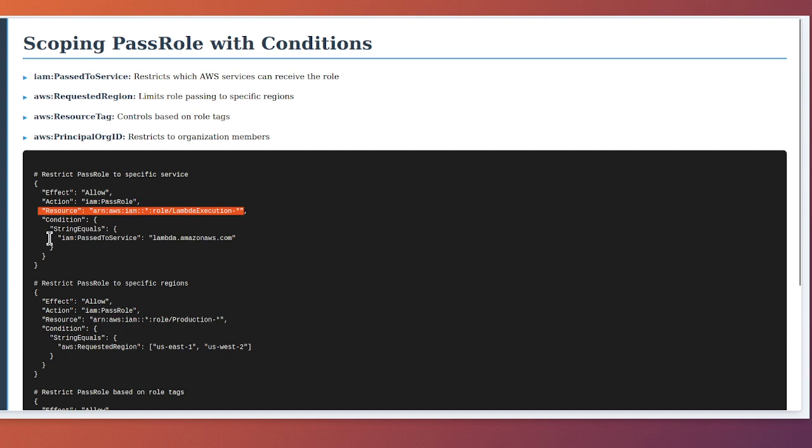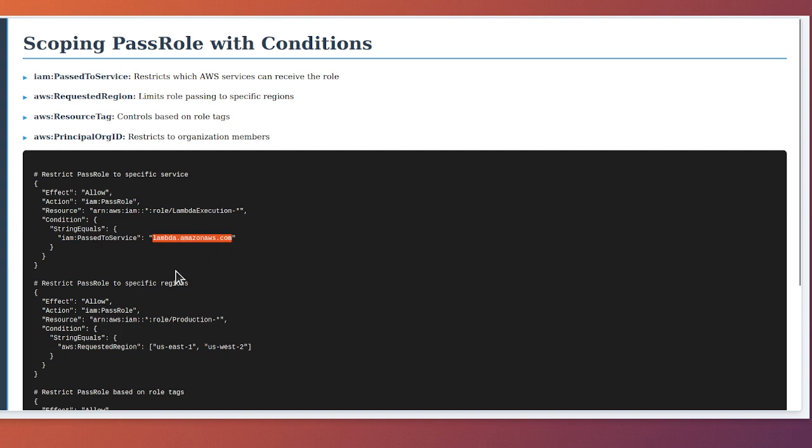The critical part is the condition block, which uses StringEquals to compare iam:PassedToService with lambda.amazonaws.com. The iam:PassedToService condition key is evaluated when the pass role operation is performed, and it restricts which AWS service the role can be passed to.